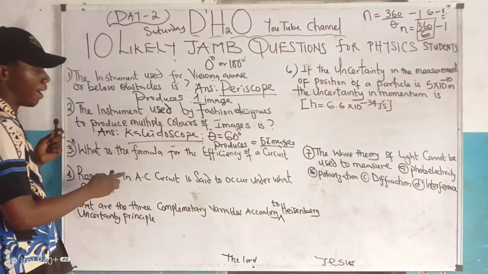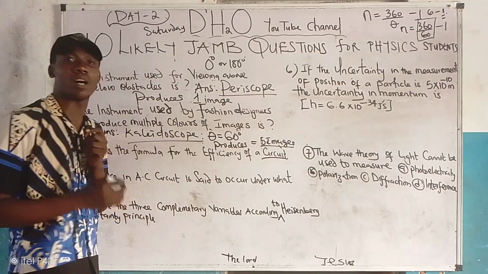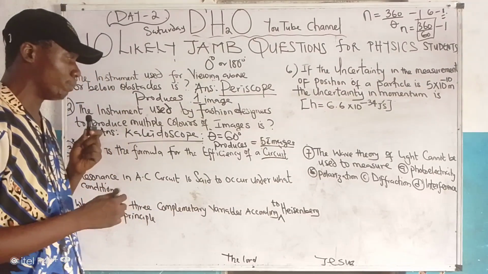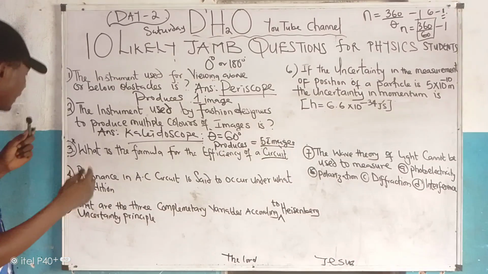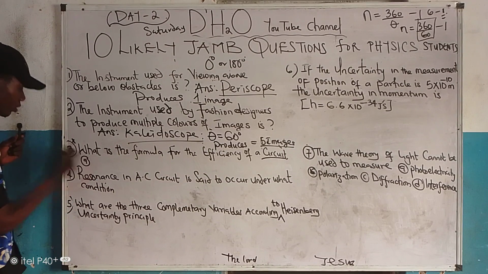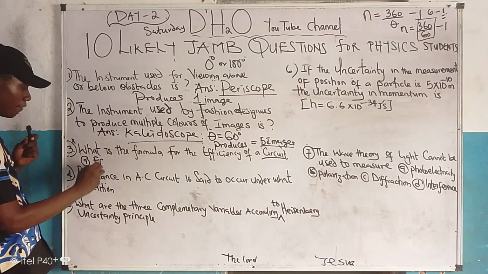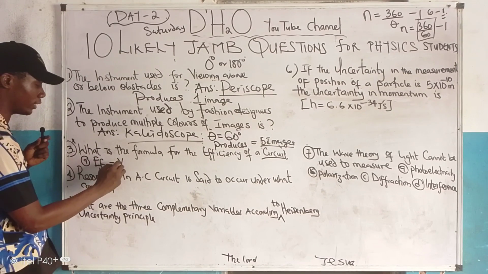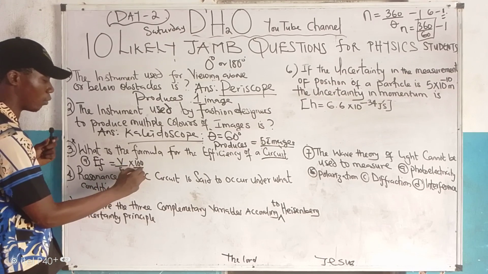Question 3. What is the formula for the efficiency of a circuit? This is not the efficiency of a machine. No. This is the efficiency of a circuit. Now you can determine the efficiency of a circuit by using this formula. Formula number 1, efficiency is voltage over EMF times 100 over 1.